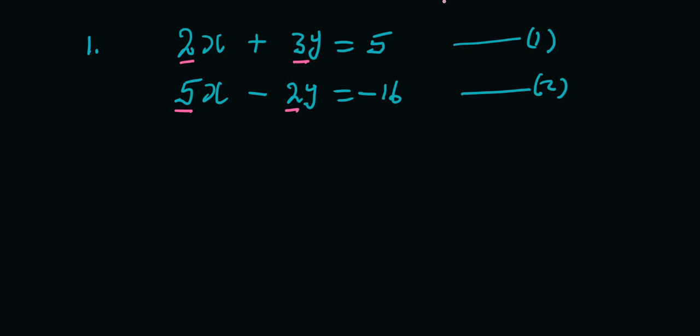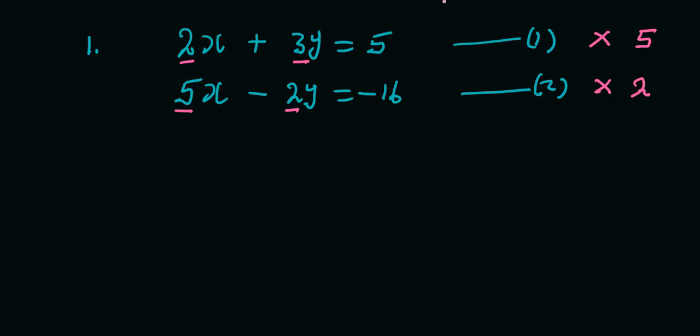So 2 times what number gives us 10? 5. So use the 5 to multiply the whole of equation 1. Also, 5 times what will give us 10? 5 times 2 is 10. So multiply the whole of equation 2 by 2. I hope that is clear.